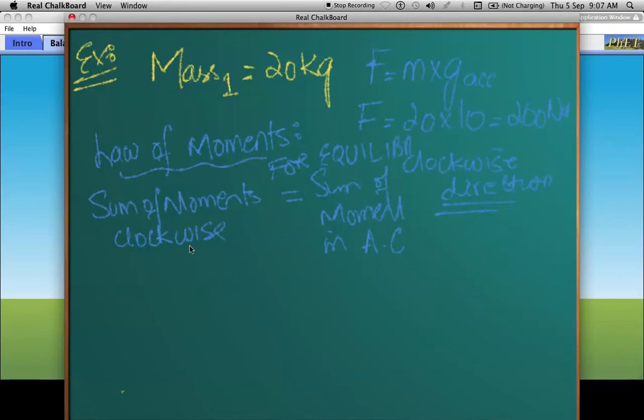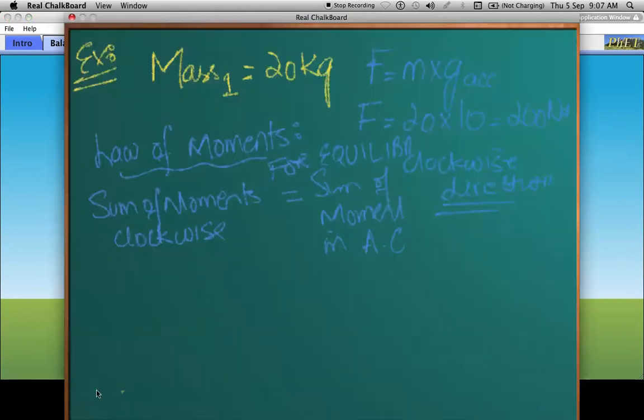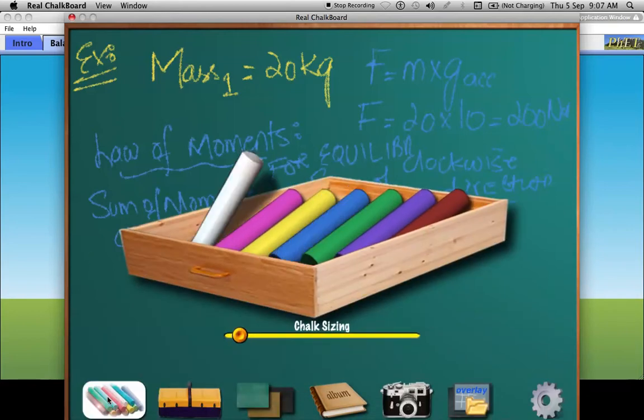So what am I doing essentially? I am simply looking at the forces that would produce a clockwise moment, and I can see that this is the only force, since it's on the right side of the pivot. This would produce a force in this direction because the force is downwards, and it would take it in clockwise direction. There's only one force. This is how I would numerically solve it.